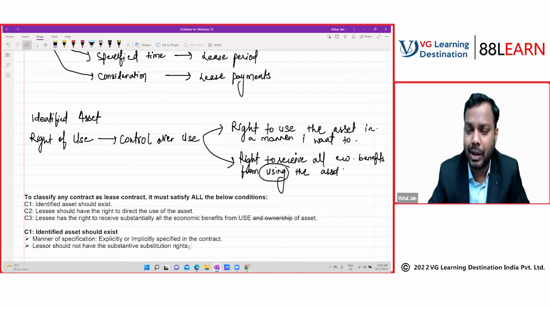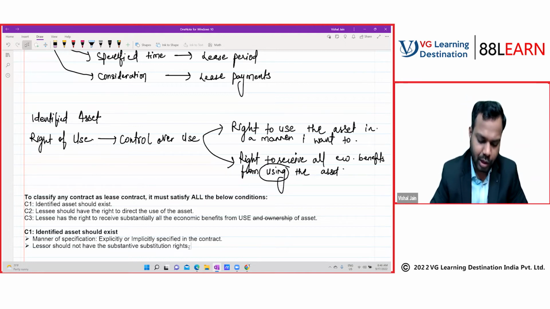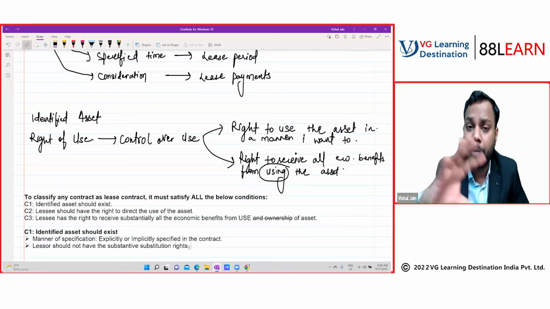Now tell me, the entity who has leased some space for keeping their kiosk, do they have any specific area? No, they don't. The area keeps on changing according to the requirements of the shopping mall, right? Let's suppose Cadbury has rented a place for keeping their kiosk in a shopping mall, and the mall keeps on changing the place of that kiosk.